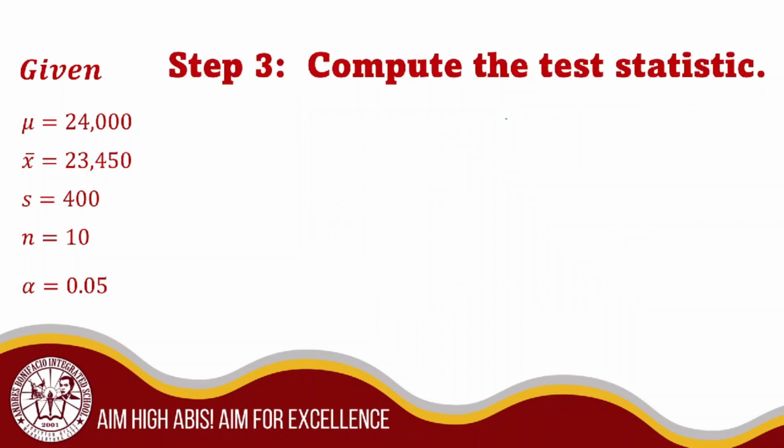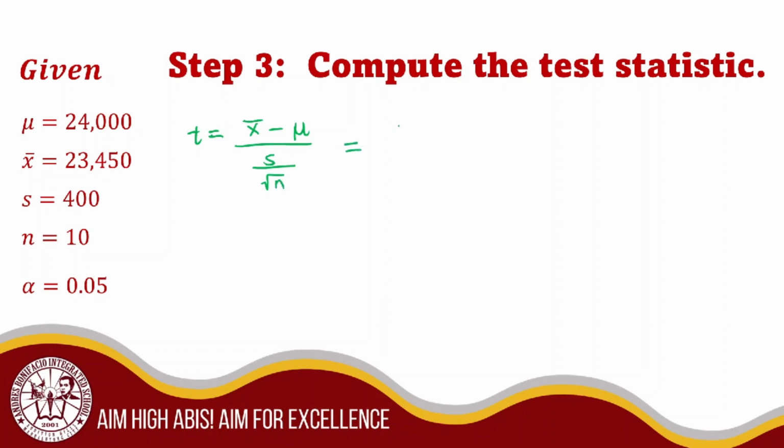Okay, now we move on to step 3, where we compute the test statistic. So we write the formula of the t-test, which is t equals the mean minus mu, all over s, or the standard deviation, divided by the square root of n.